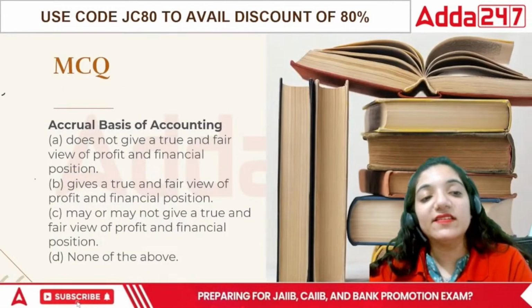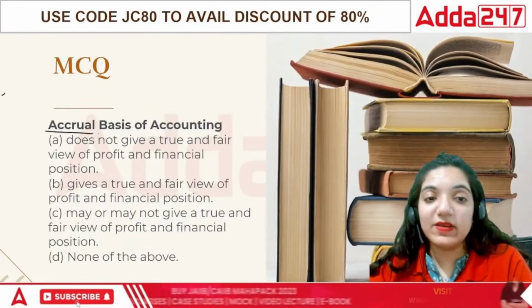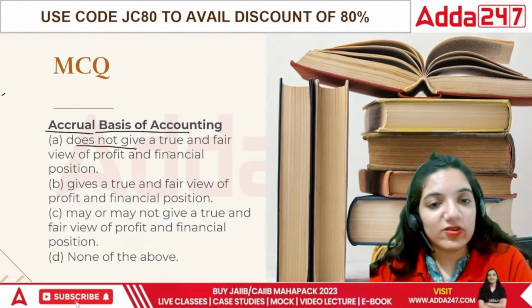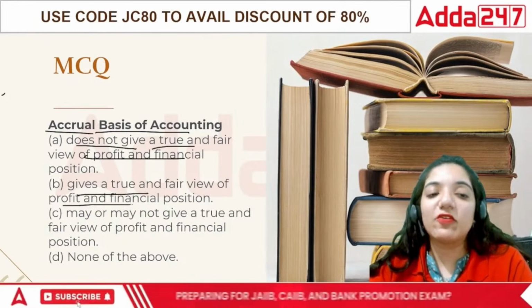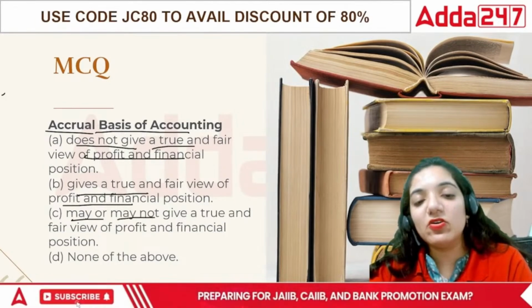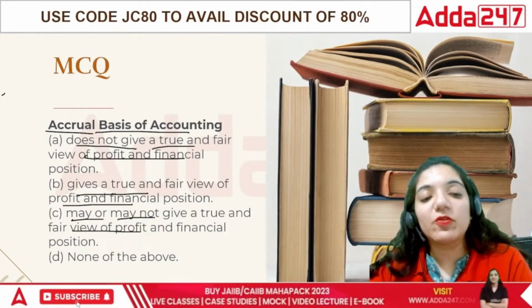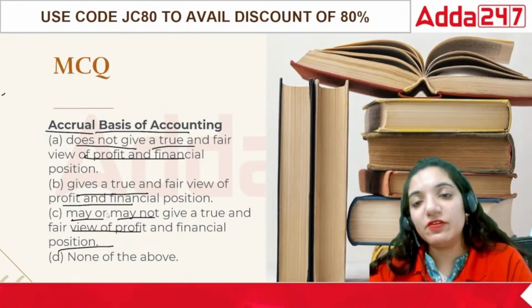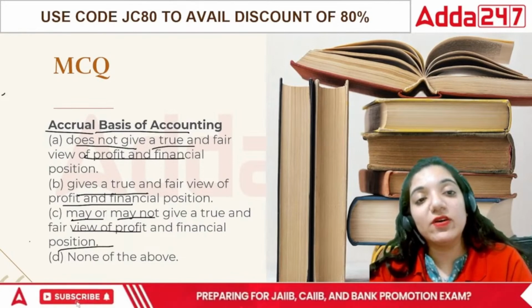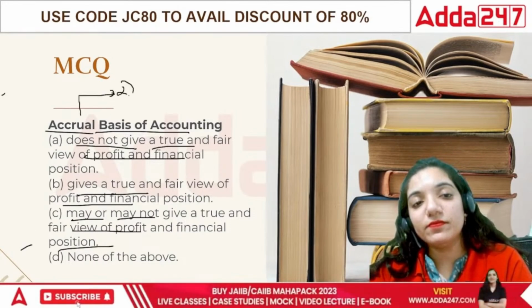Okay? Next is, what do you mean by accrual basis of accounting? It does not give a true and fair view of the P&L, it may or may not give a true and fair view of the profit and loss position, or none. See, when we talk about accrued, it means you are recording the things even when they are due.